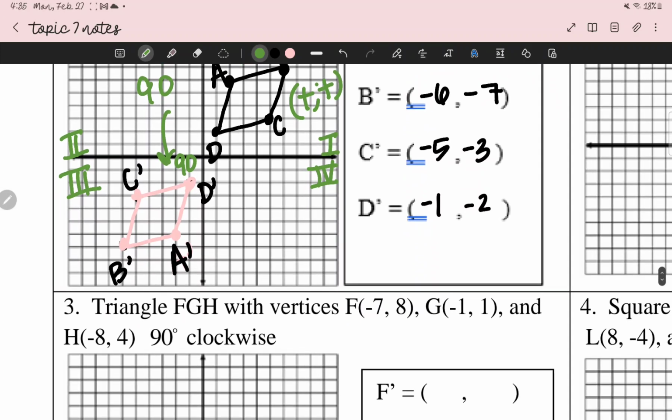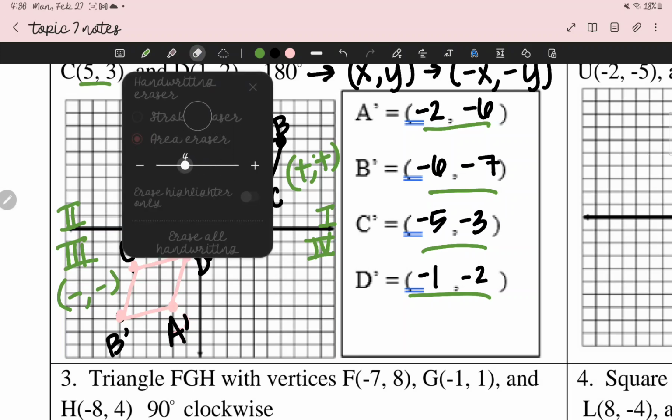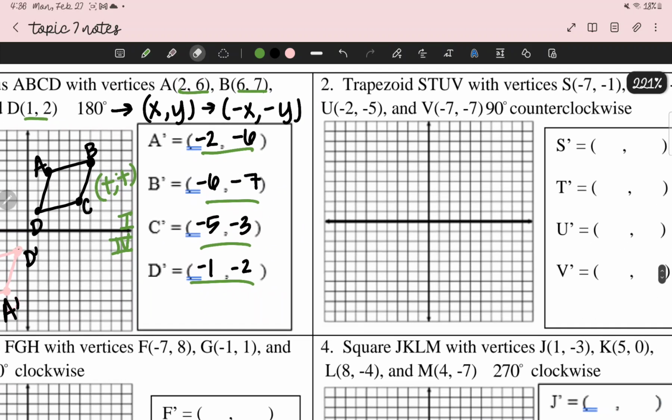That got me to quadrant 3, which has all negative points. That's the way that you can check yourself. Now I have all negatives here, and it works for me. So I know that I'm at least in the right ballpark, right? I'm going to take that off so it doesn't look too confusing. All right, moving on to number 2.